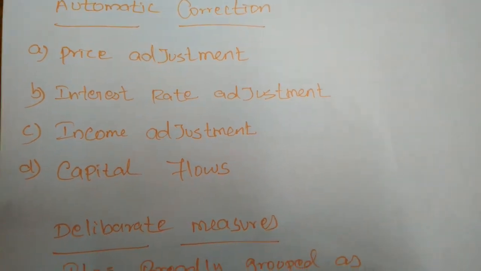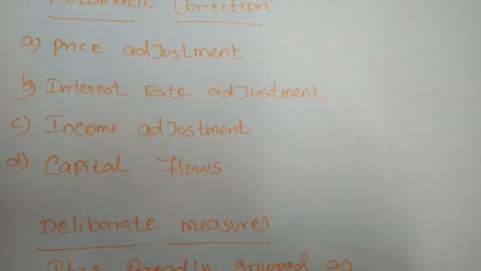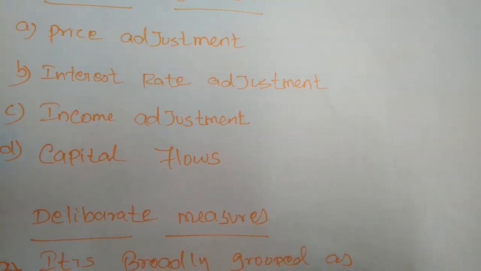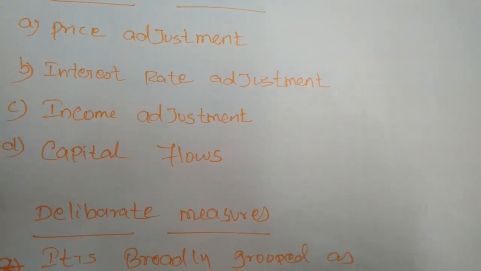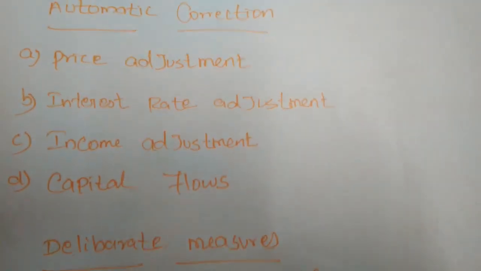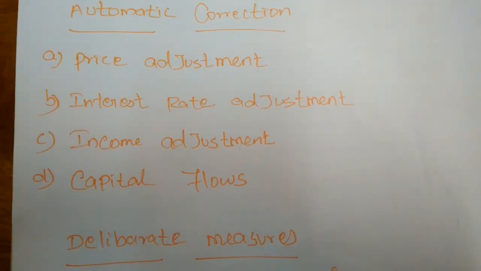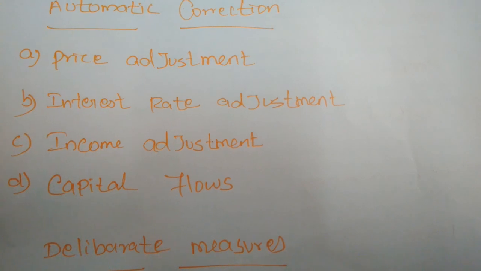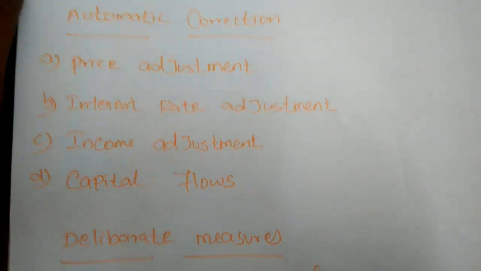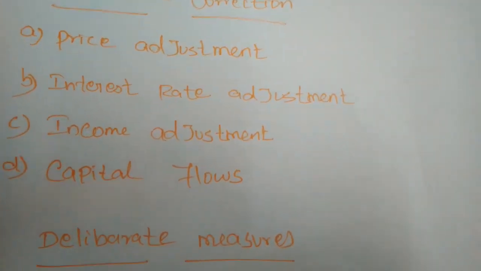Next, income adjustment. A nation with a payments surplus will experience rising income, which will increase imports, and thereafter equilibrium is restored in the balance of payment. The income also has to be decreased in the deficit balance of payment nations. If the deficit nations reduce the income, their demand also will be reduced.